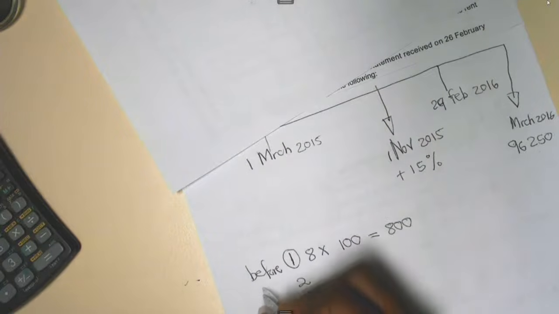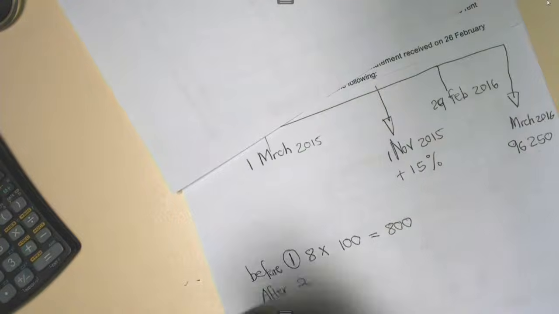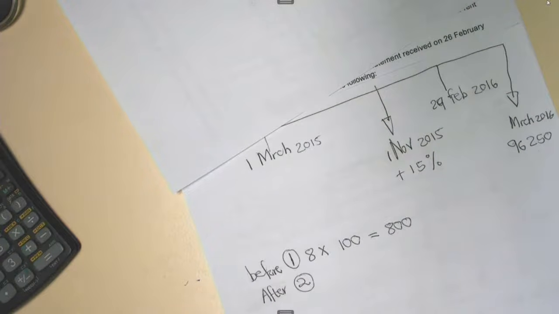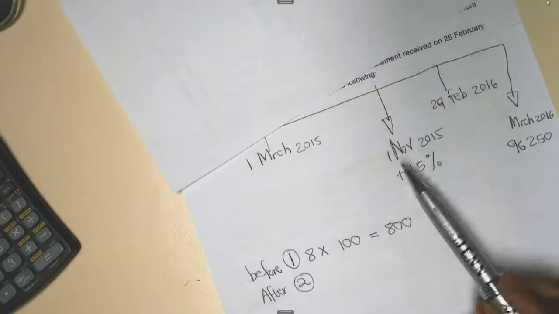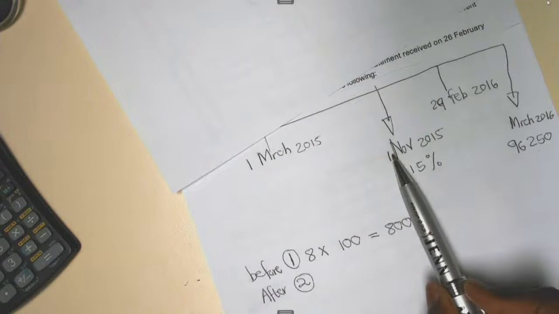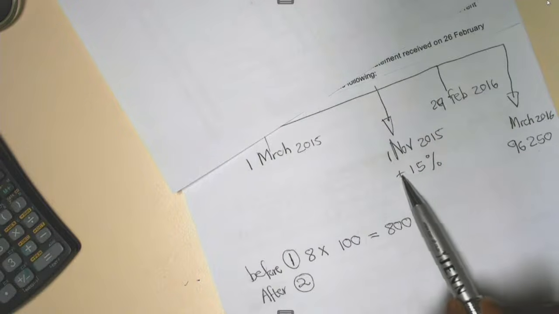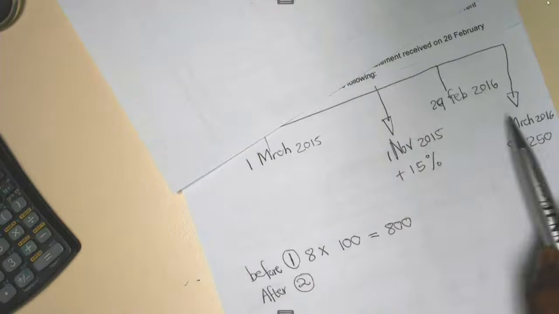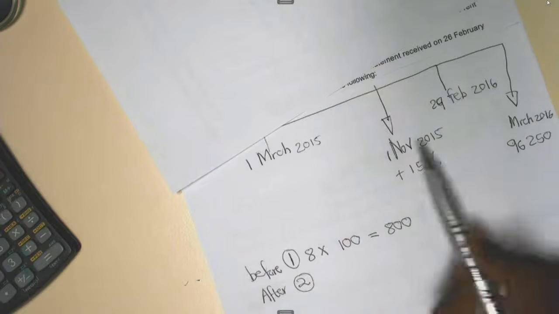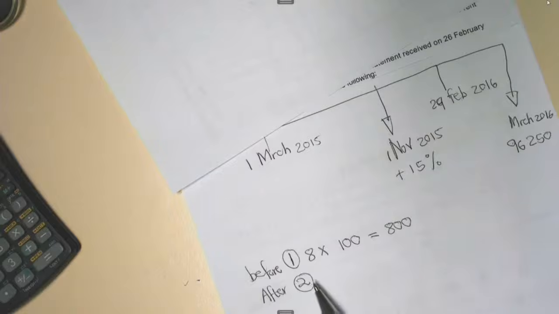Secondly, look now at after the increase. After the increase, what happened? We've increased the rent from 1st November with a 15%, which means from November till March 2016. How many months is it there with an increase?